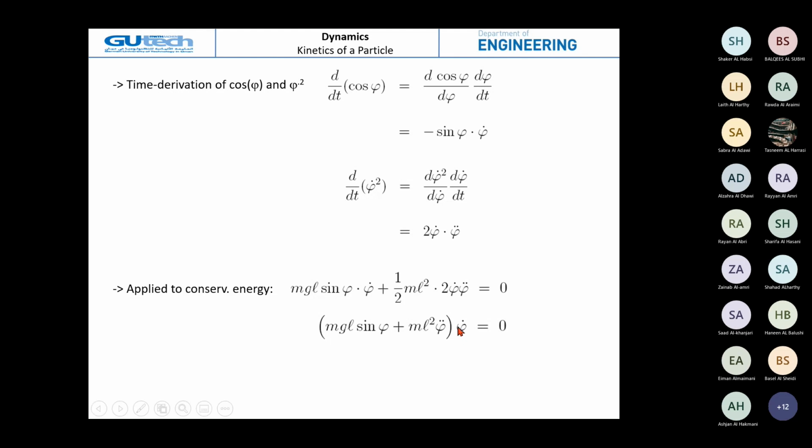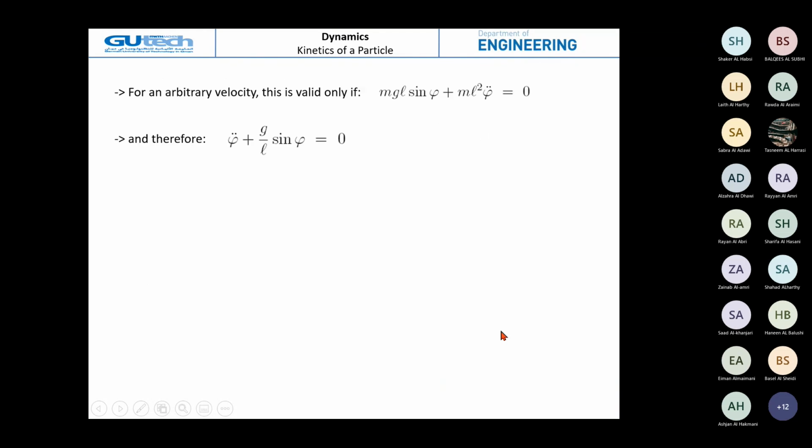When phi dot is equal to 0, that means it's at rest. This second case will be rejected. That means only the first term should be equal to 0.